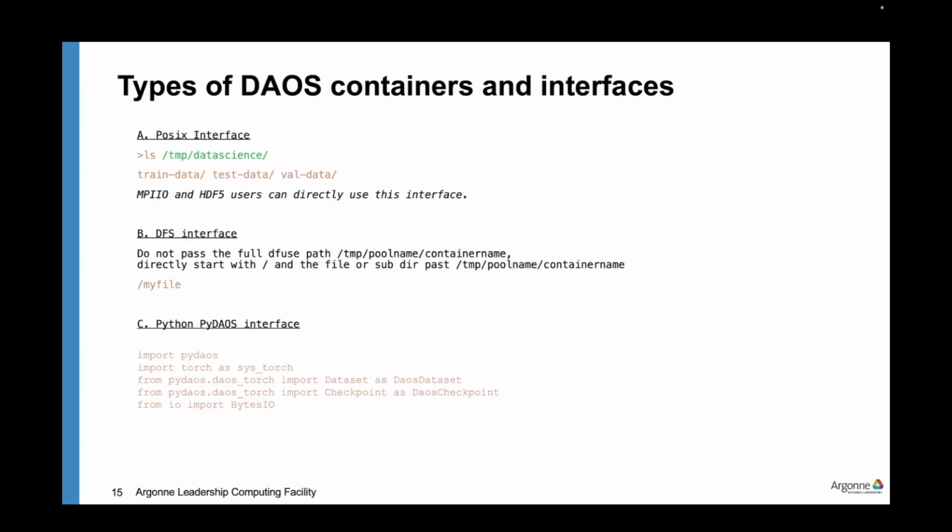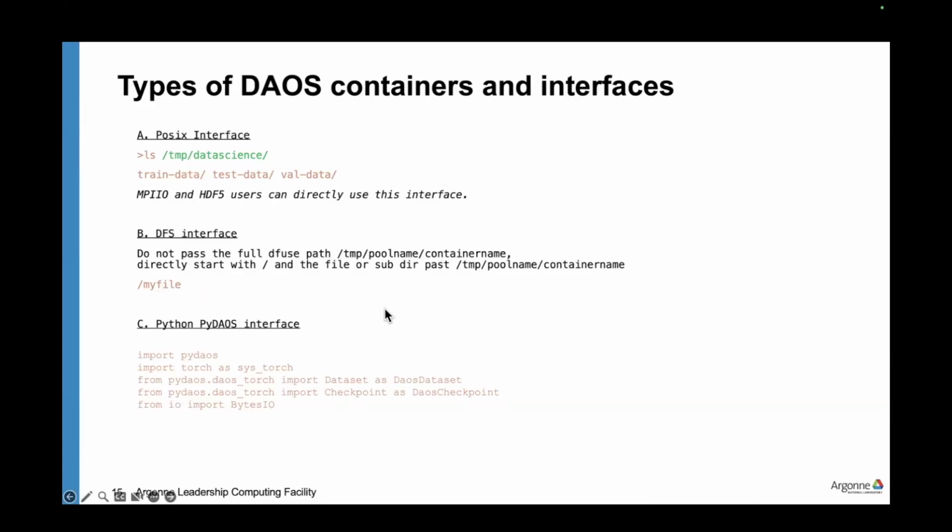But in case you want to develop your own low-level IO code, you can use the DFS interface. Once you create the DFS container, you just provide the slash and the file name and interact with it directly.